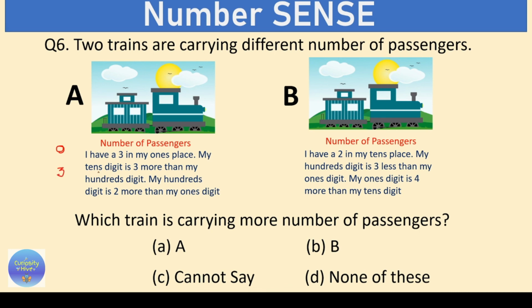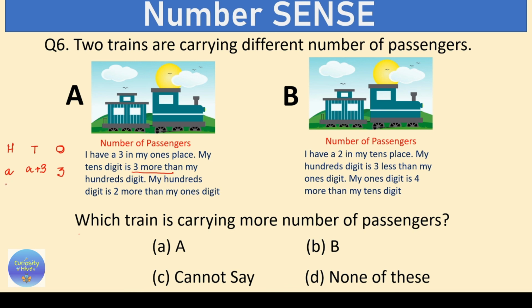Then it says my tens digit is 3 more than my hundreds digit. So I have a tens and I have a hundreds. Now let's call the hundreds as A. So the tens is 3 more. So that means tens is A plus 3 because it is 3 more than the hundreds digit. And then it says my hundreds digit is 2 more than my ones digit.